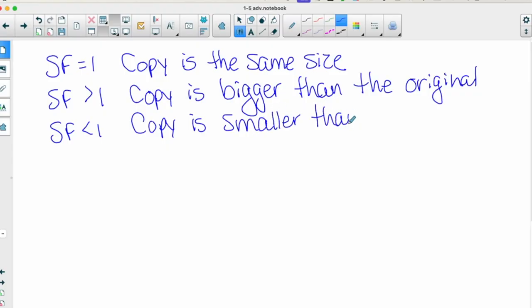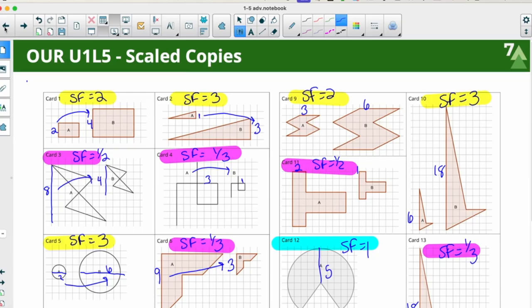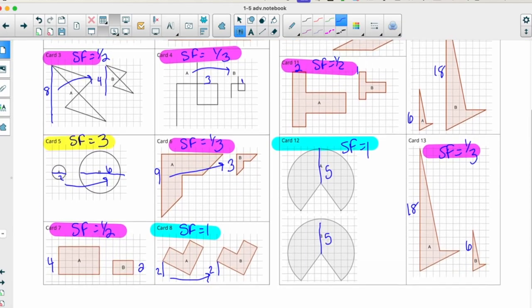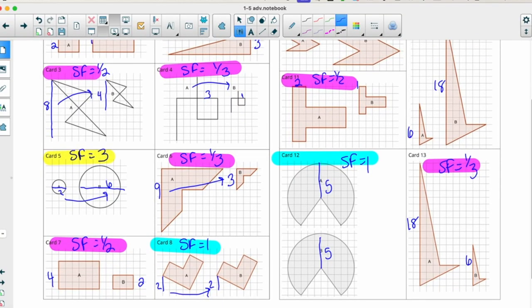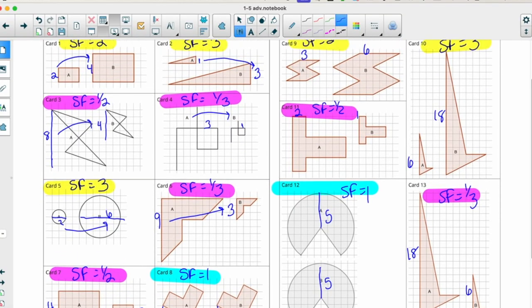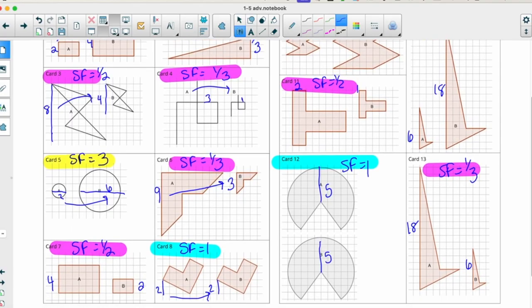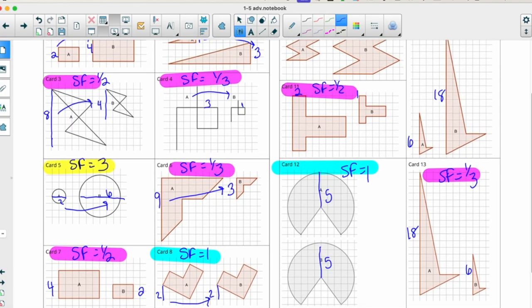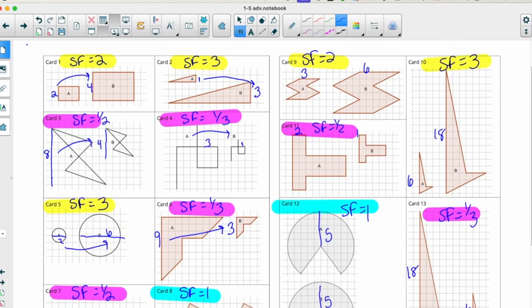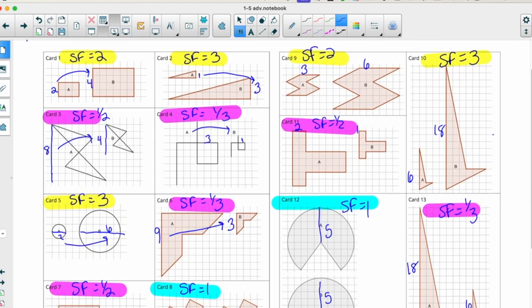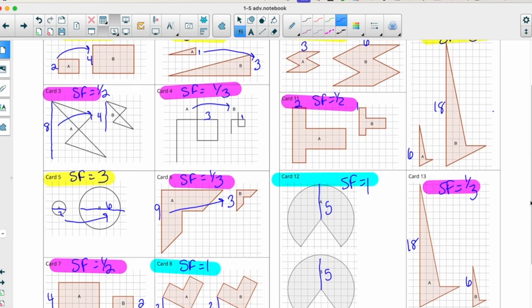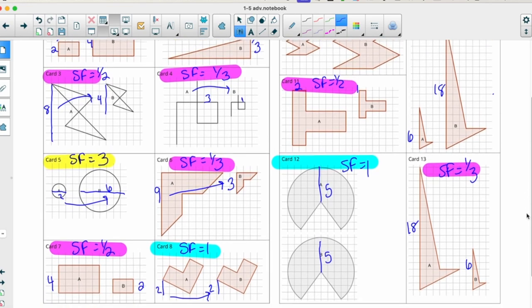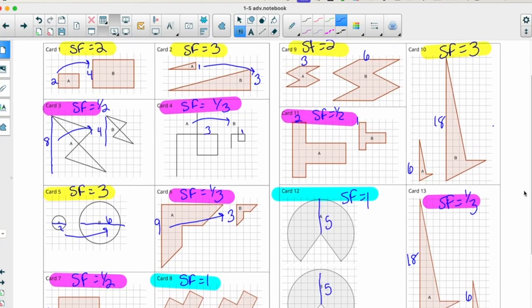Now they also want us to take a look specifically at cards like card 1 and card 7, where it's basically A and B flipped, which one was bigger and smaller. And the same thing here with card 10 and card 13, where we started with A being smaller and then A was bigger, but they're the same shapes.